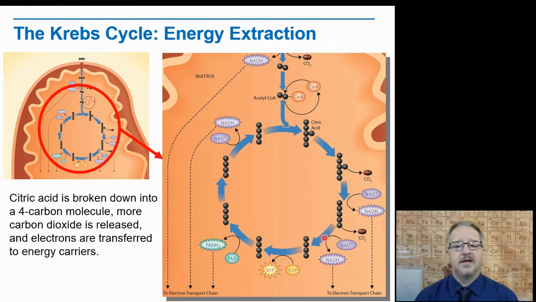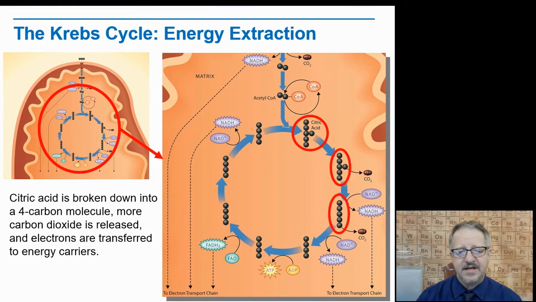Okay, so we have the 6 carbon atoms in this molecule of citric acid, and we're going to now follow the citric acid, which is right here, through the cycle. So the first thing that happens is we lose yet another carbon dioxide right here. So now we have not a 6 carbon molecule, but a 5 carbon molecule. If we count them up, 1, 2, 3, 4, 5.